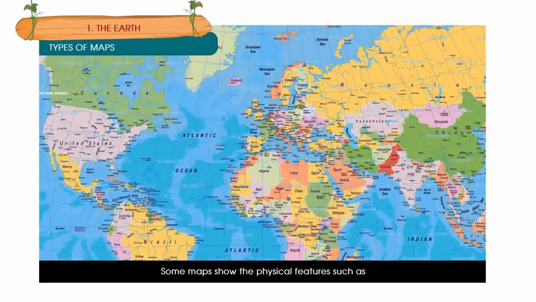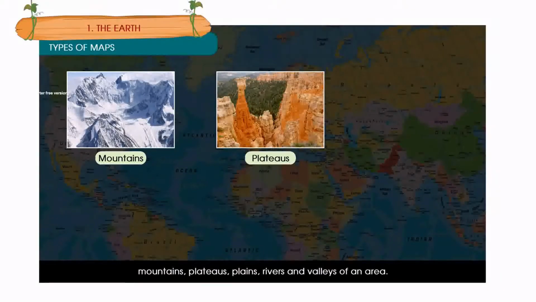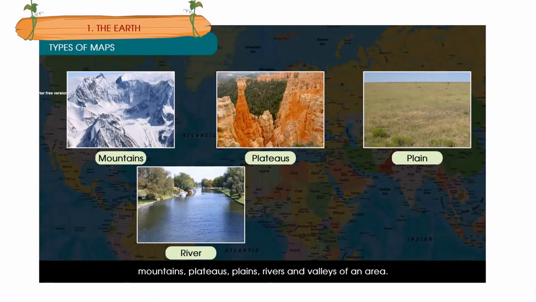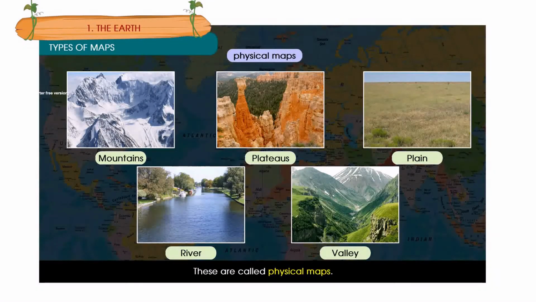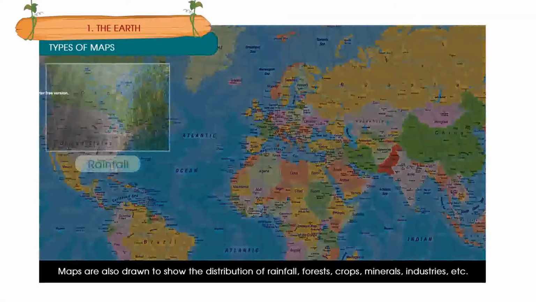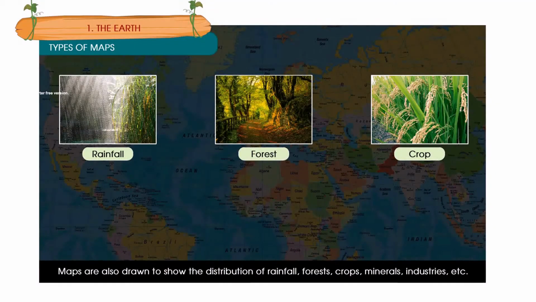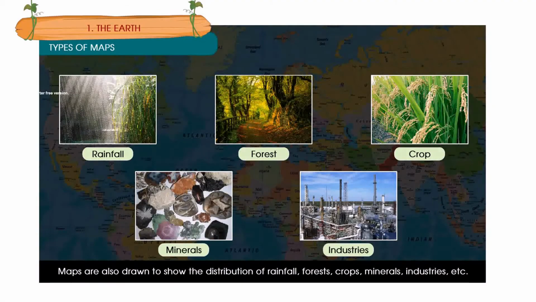Some maps show the physical features such as mountains, plateaus, plains, rivers, and valleys of an area. These are called physical maps. Maps are also drawn to show the distribution of rainfall, forests, crops, minerals, industries, etc.